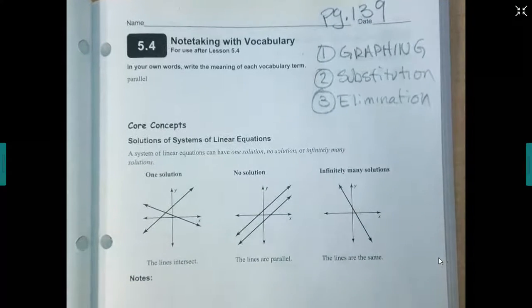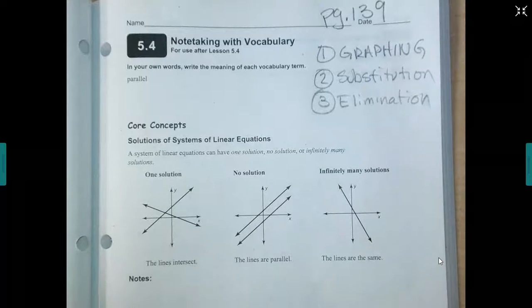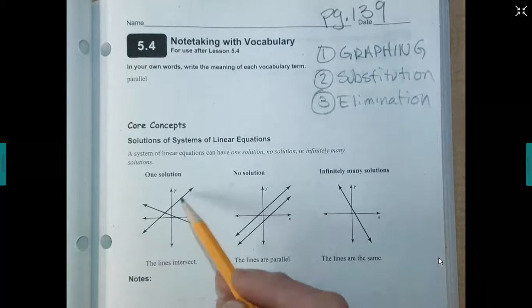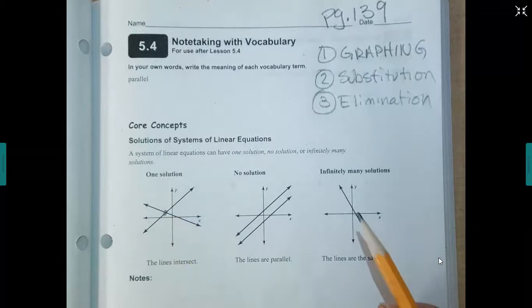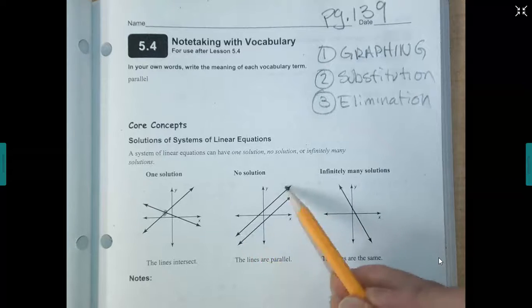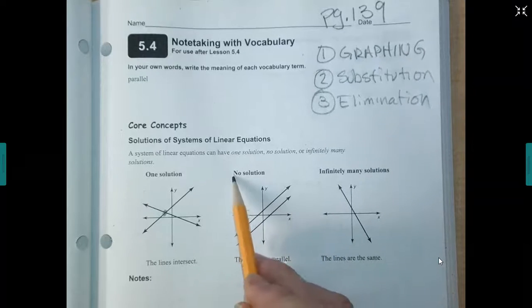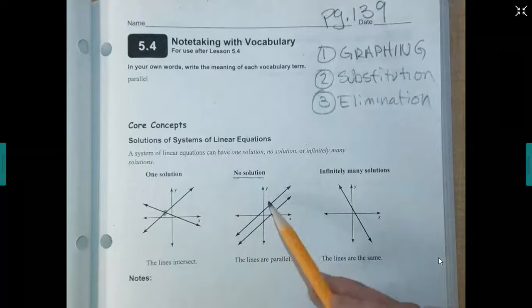Now, when you solve a system of linear equations, there are three possible outcomes. One outcome is the lines cross and you get one solution. Another outcome is you have two parallel lines and you have no solution. Those lines will never cross.